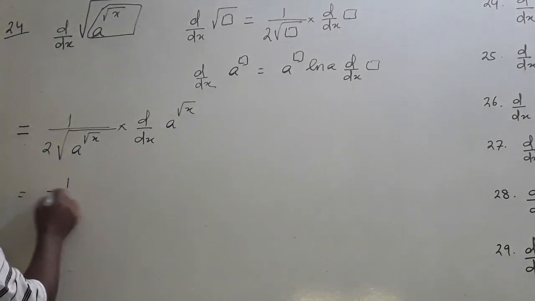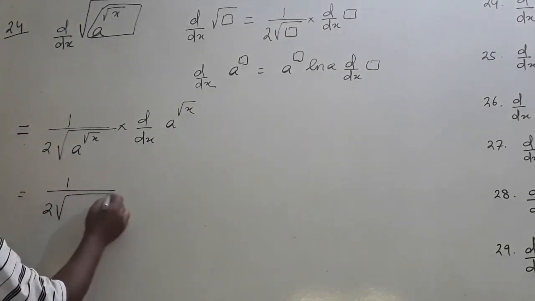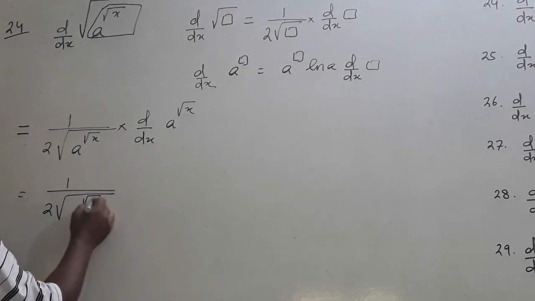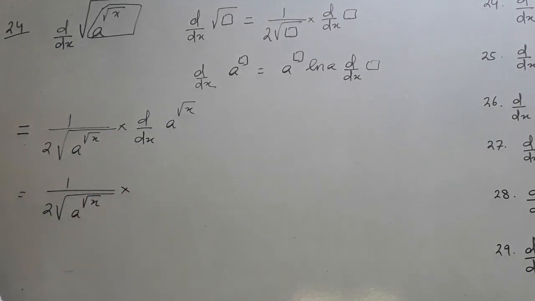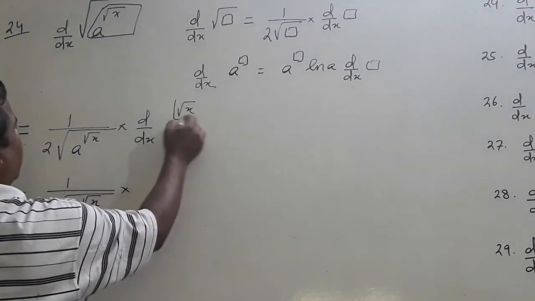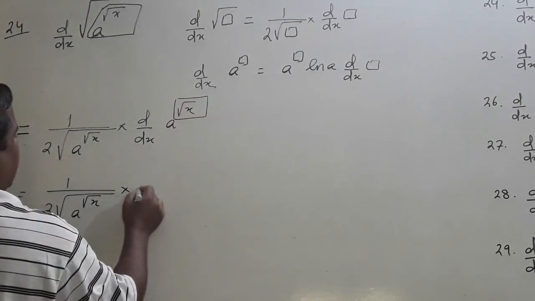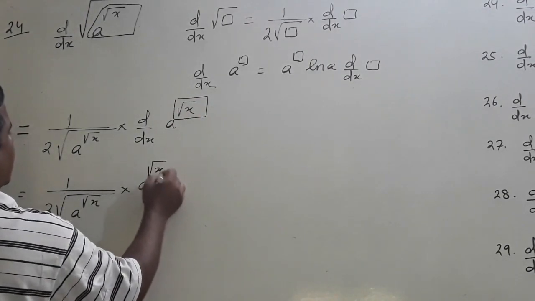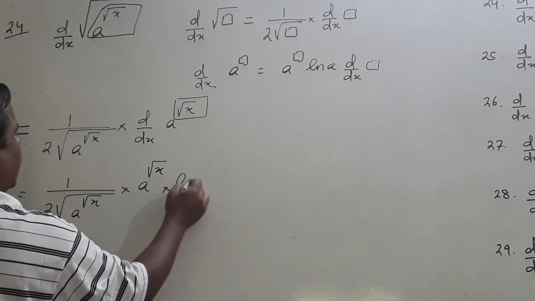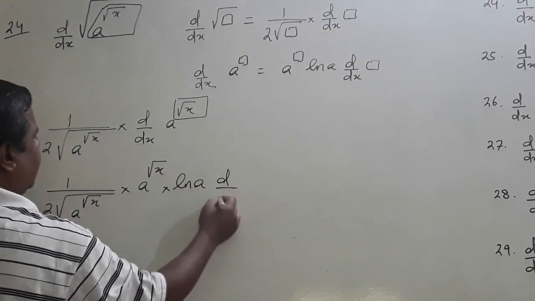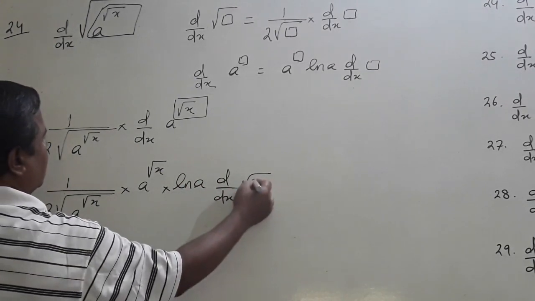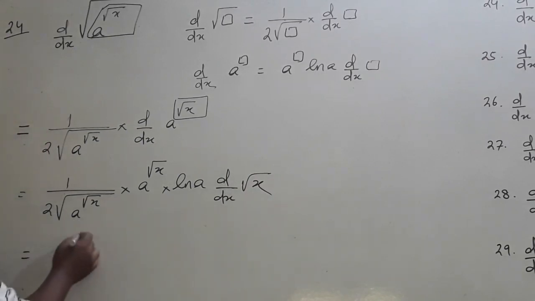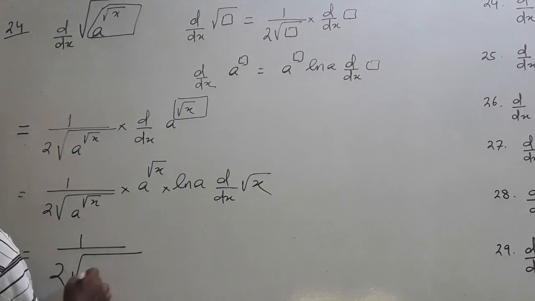What is a to the power box? The formula: a to the power root x into ln a into d by dx of root x.